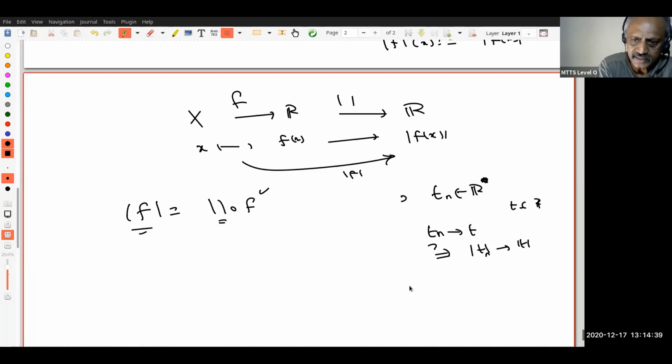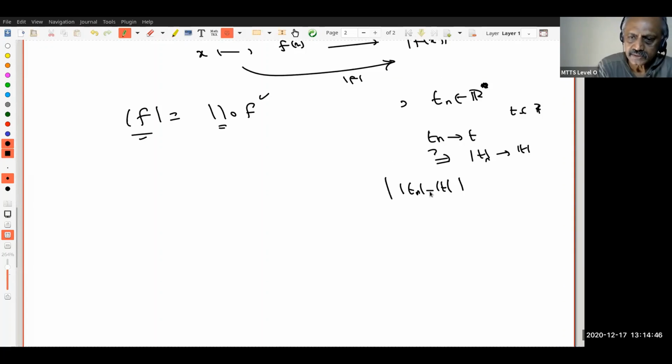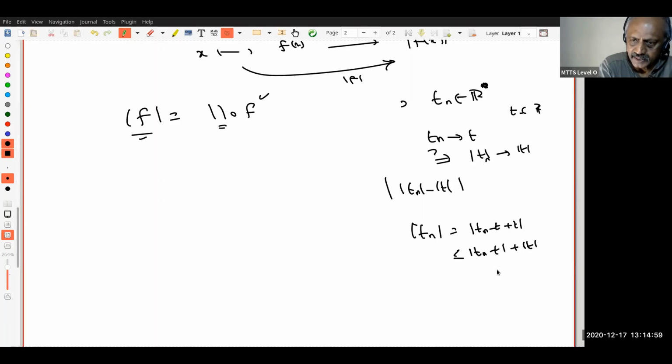This we had already seen earlier, because I have to estimate mod T_n minus mod T. So how do I estimate this? See, mod T_n, I do not know how to estimate, but I know how to estimate this, by the triangle inequality.